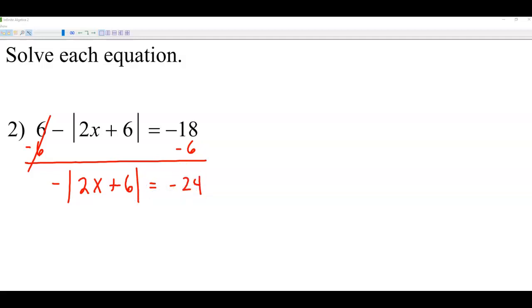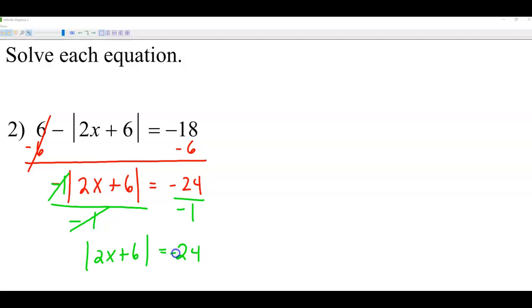And then I'm going to get rid of that negative 1 that's in the front of the absolute value there by just dividing both sides. And that's good that it got rid of the negative on the right side.